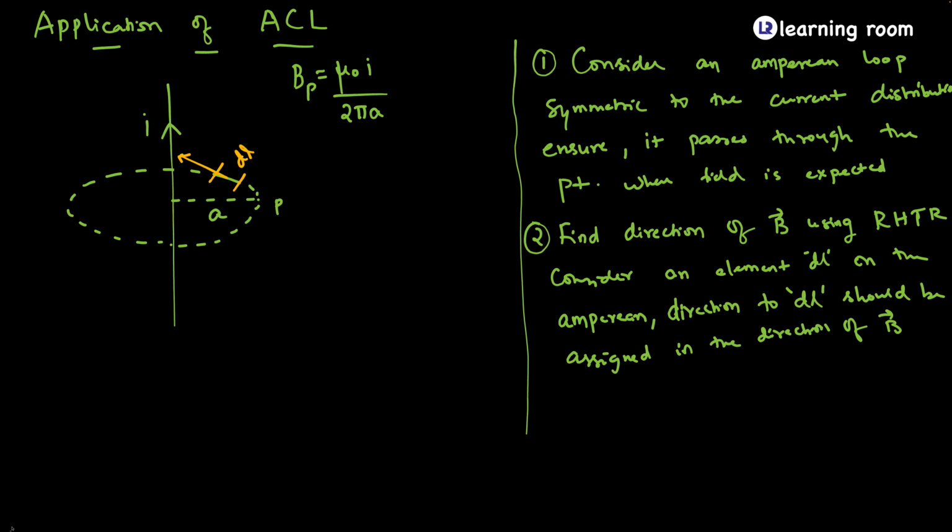So the tangent to the Amperian loop is drawn in which direction? In the direction of B vector itself. Is that point clear?